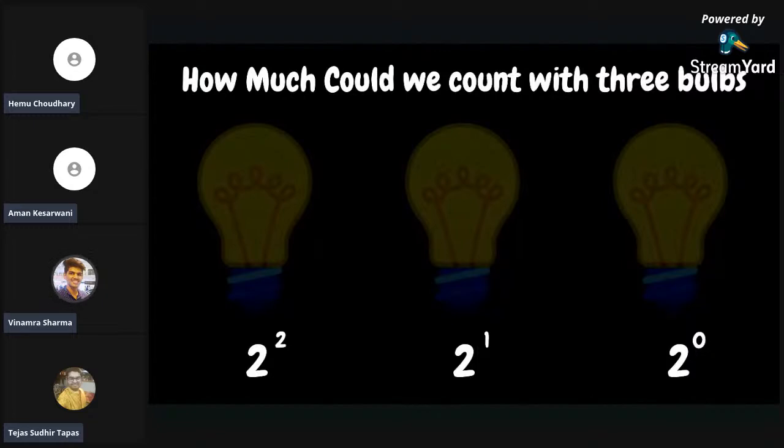This will clarify whether you understood binary or not, because binary is a key, or you can say a foundation, of any electrical or electronics implementation. So for a quick glance, I'm just going to pose this to everyone. The question is: how many numbers can you represent with these 3 bulbs?